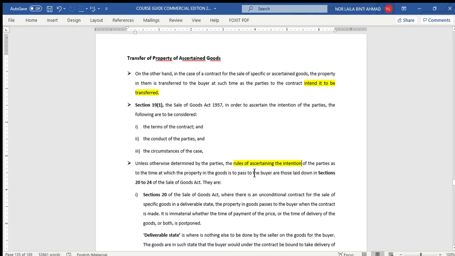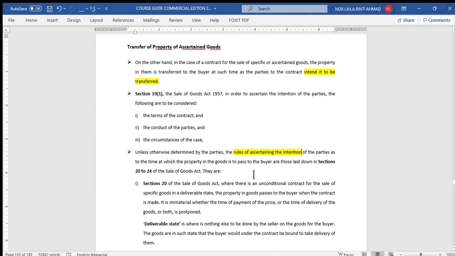So we will use these rules based on section 22 to section 24 of the Act.